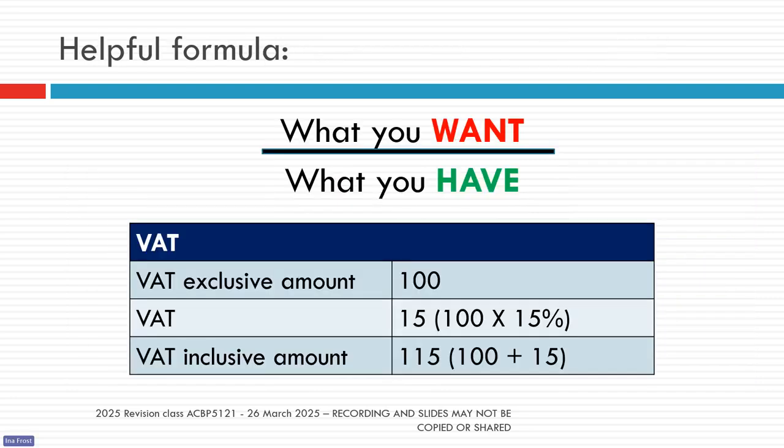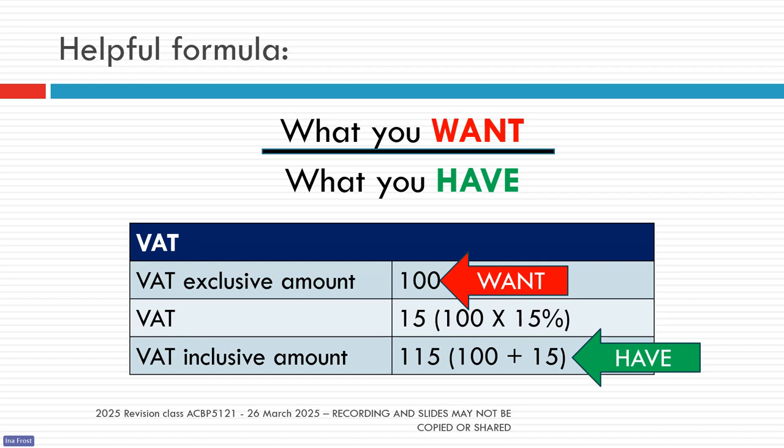Okay, I know many students also like to use the formula of what you want over what you have. I think often at school, this is a favorite from the math teachers. So if this is something that will help you, you can also use it. What did we want in this particular question? We wanted the VAT exclusive price. And what did we give you?